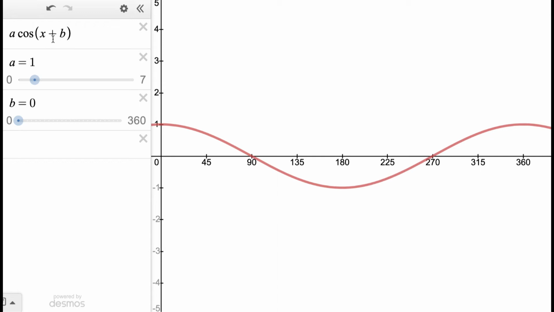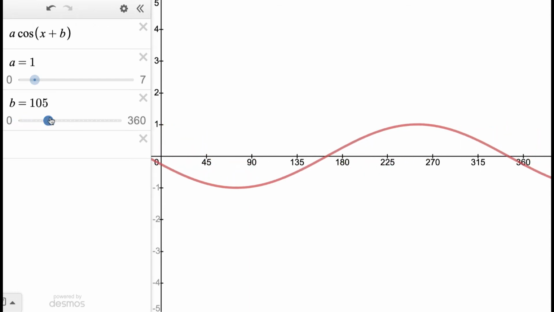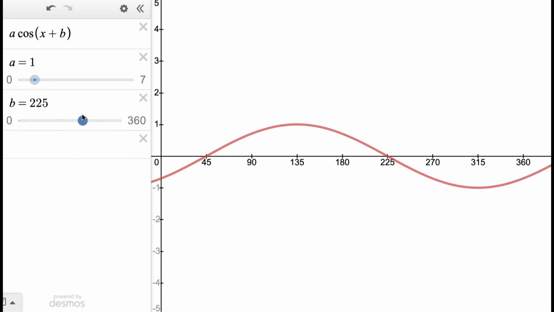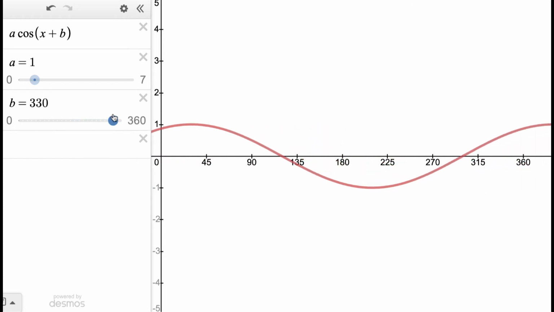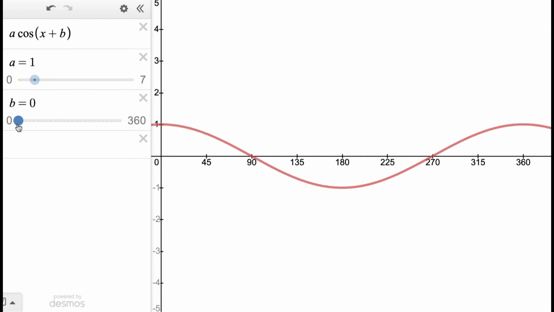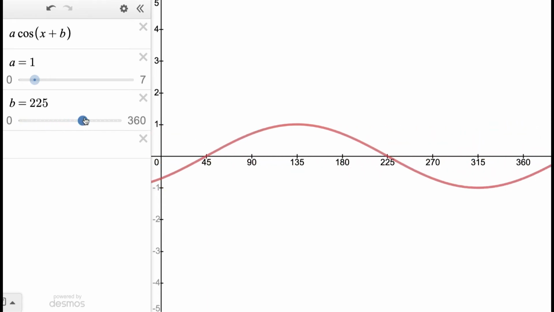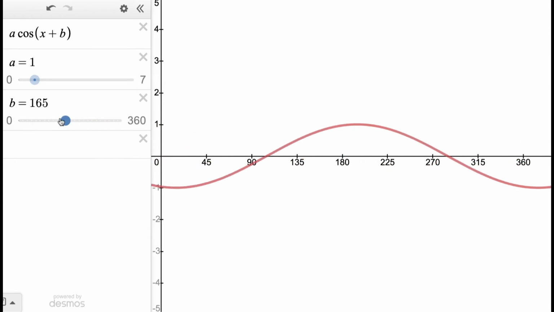And what effect does adding a number to the angle x have? If you watch this graph, you'll notice that the cosine graph is moving to the left as I increase that number. And it moves back to the right, back to where it started. So increasing the value of b moves the graph to the left.